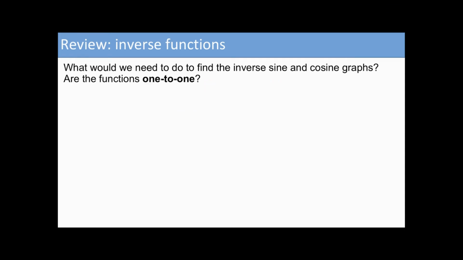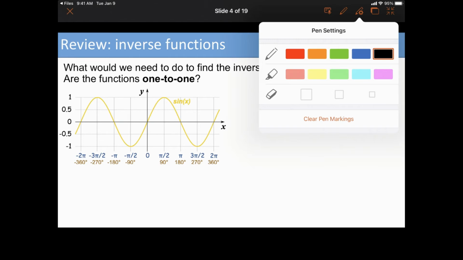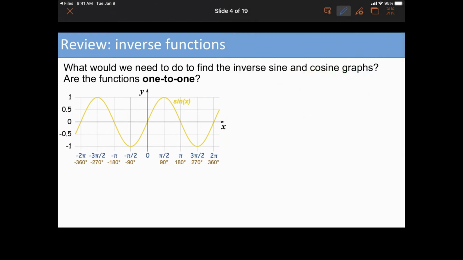So let's think about sine and cosine. Well, they're functions, right? They pass the vertical line test, but are they 1 to 1? Do they pass the horizontal line test? If we're looking at here, let's draw a horizontal line through. Does it hit it in more than one place? And it does, so that fails.